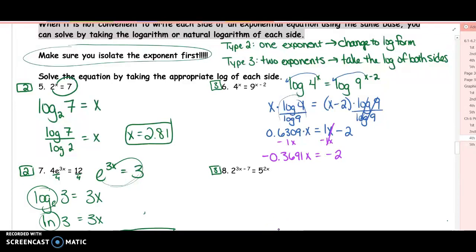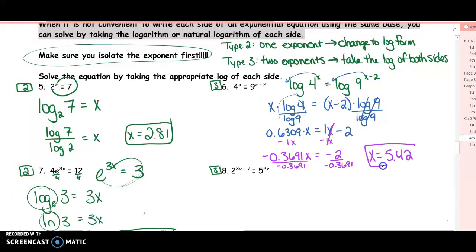Your last step then is to divide by that crazy decimal. The answer to this would then be x equals 5.42.